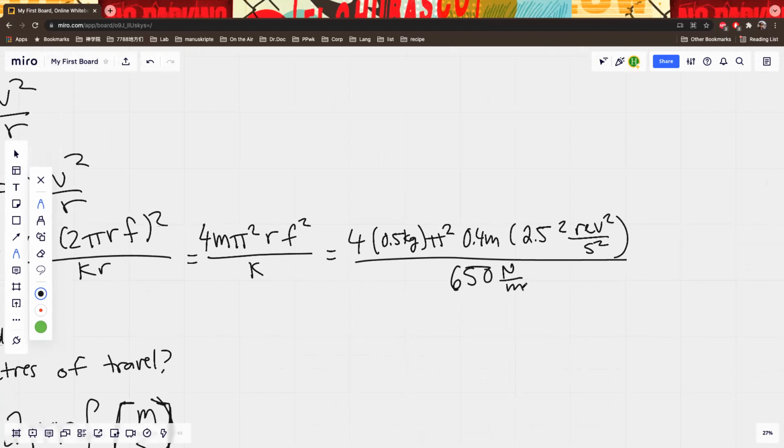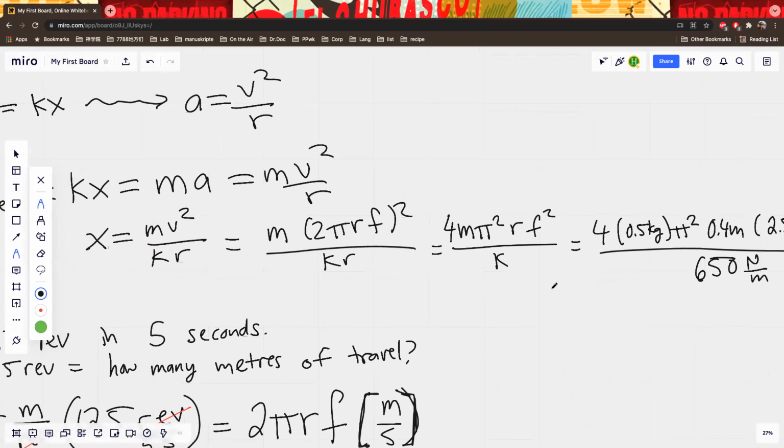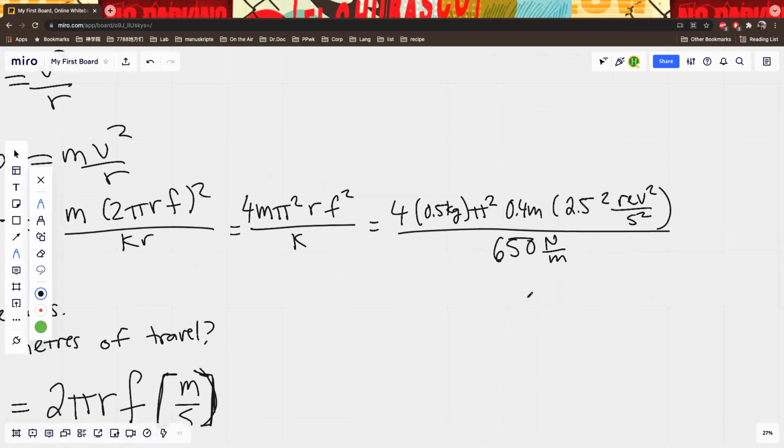And this is kilogram meters per second squared. So this is newtons at the top and newtons at the bottom. We'll end up with exactly what we wanted, which was the position in meters. Okay, so we can plug that in.